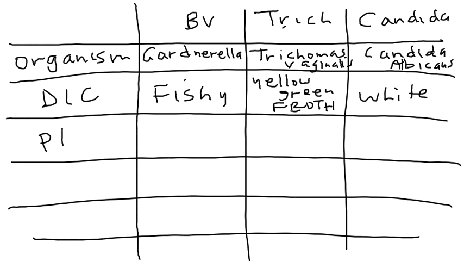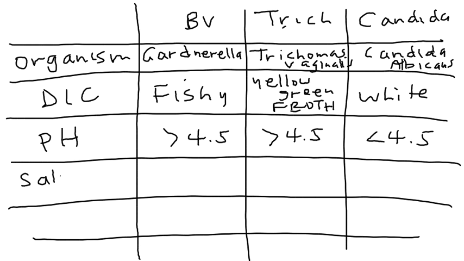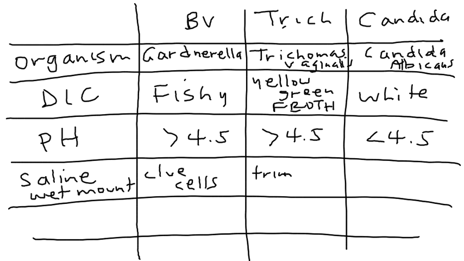pH, vaginal pH. For BV, it's greater than 4.5. For trich, it's also greater than 4.5. But for Candida, it will be less than 4.5. The microscopic examination, or the saline wet mount. Remember that. What do you see? Well, you see clue cells here. You see the trichomonads, motile trichomonads. And here you see those hyphae.